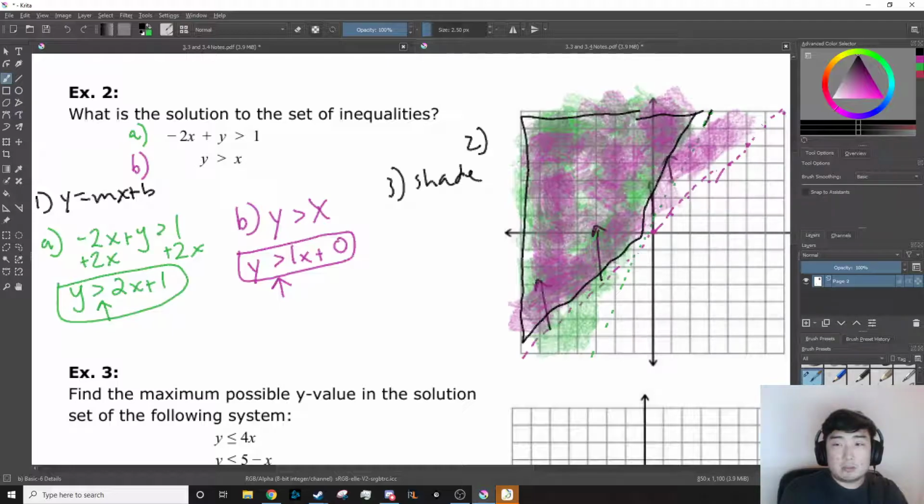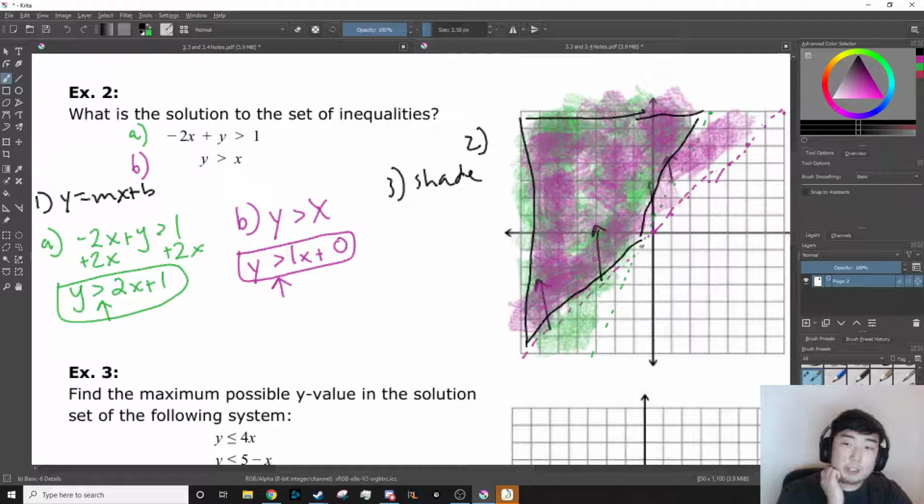Notice that I'm using my green line from here, but from when I touch this point right here, I have to use my purple line as my boundary. That looks really ugly, so I'm just gonna erase that. There you go, that's a little better.